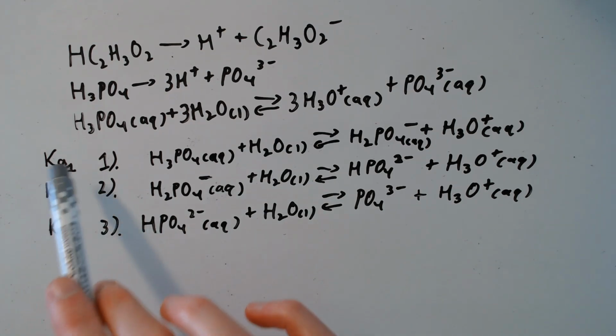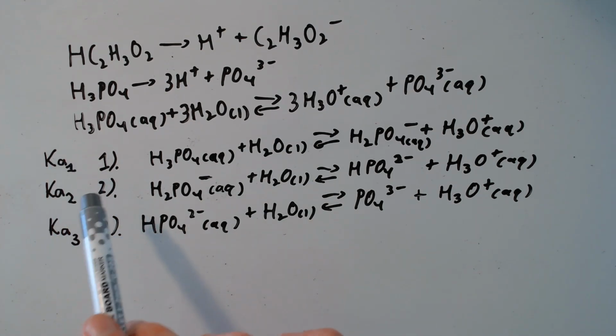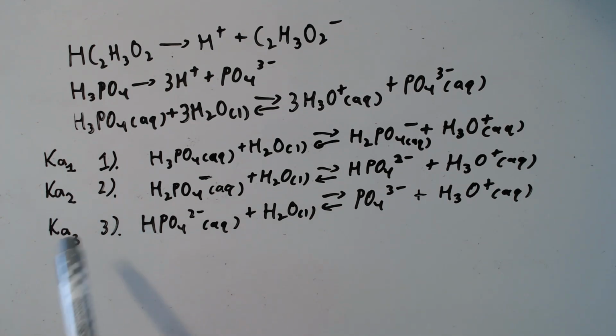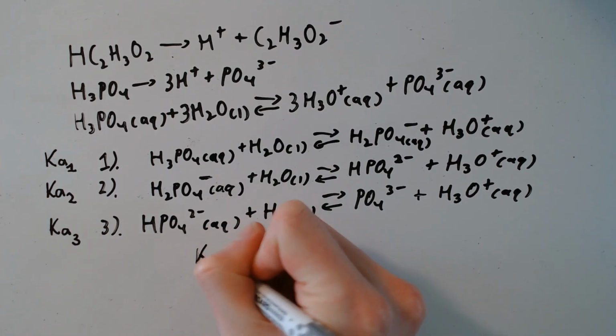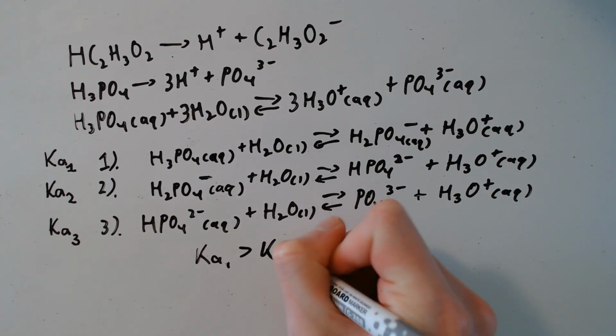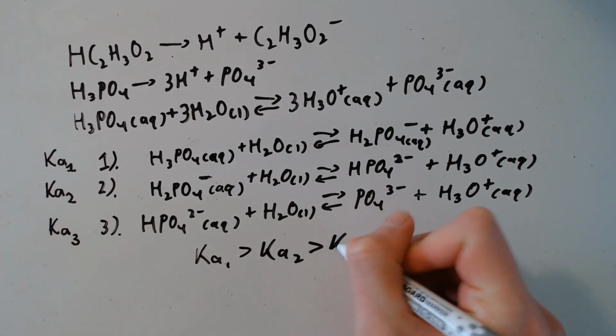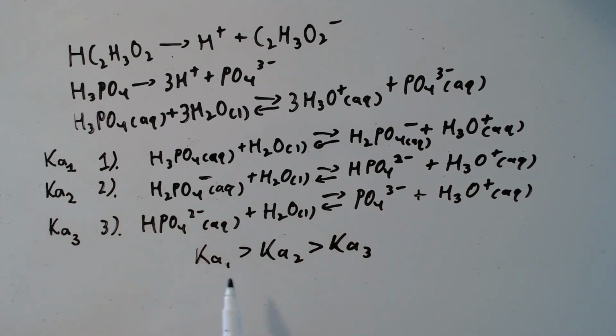The Ka1 is much higher than Ka2, and the Ka2 is much higher than Ka3. Essentially, the progression goes like this, where the Ka1 is higher than Ka2, and the Ka2 is higher than Ka3. And these are very large differences on many orders of magnitude, usually for these types of polyprotic acids.